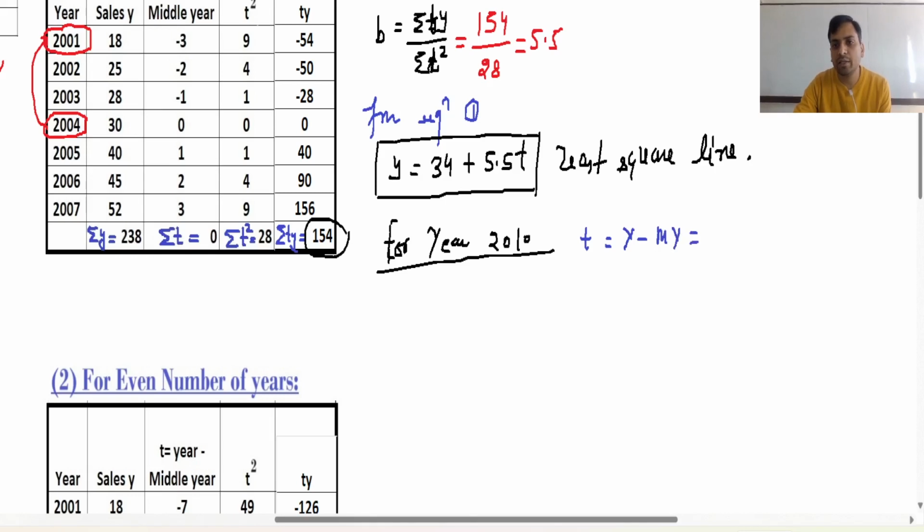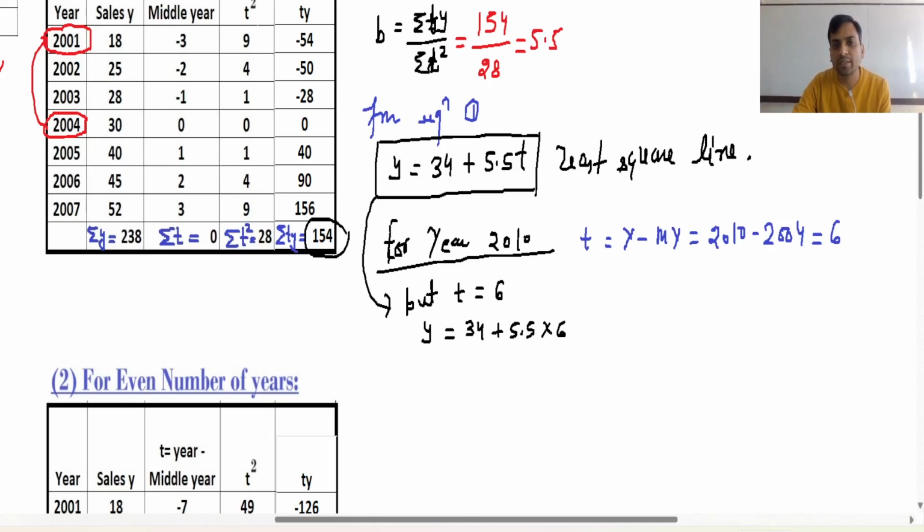Currently the year is 2010 and as per the data the middle year is 2004. So this is minus 2004, then you will get 6. Now we will put this value of t in this equation, the regression line. So put t equal to 6 in this equation. So you will see y equals 34 plus 5.5 into 6, that is 67.